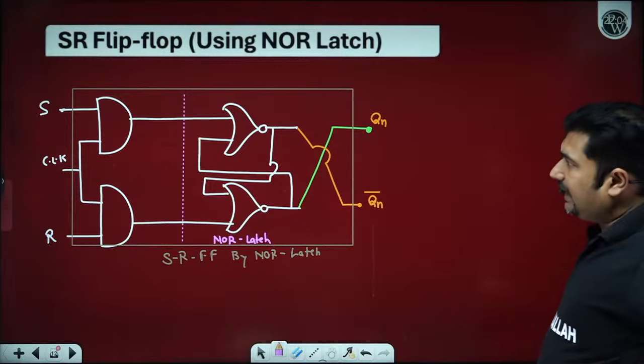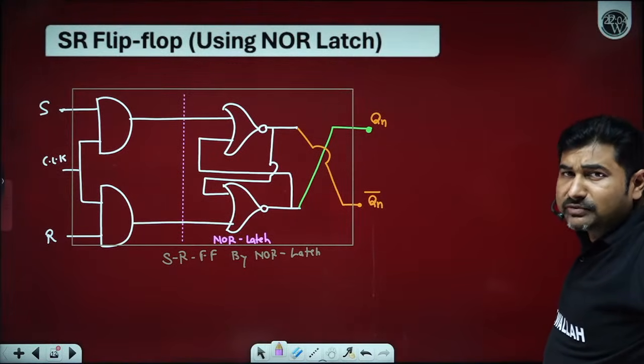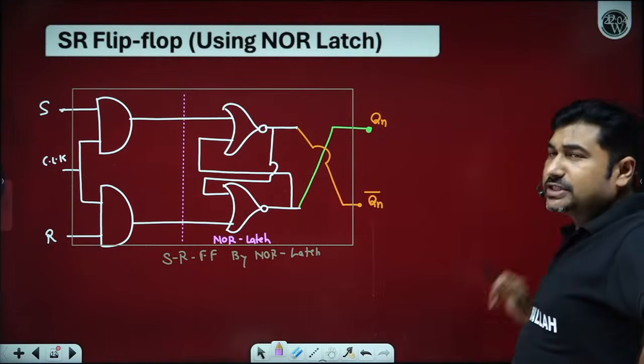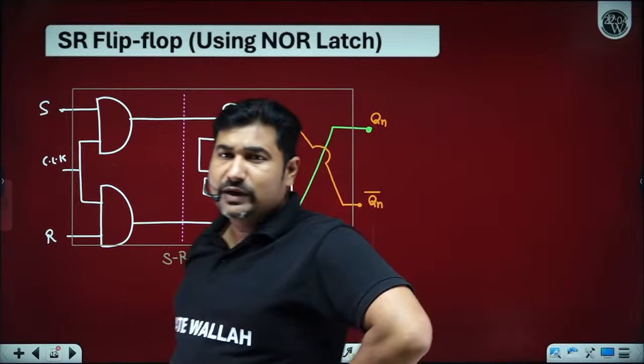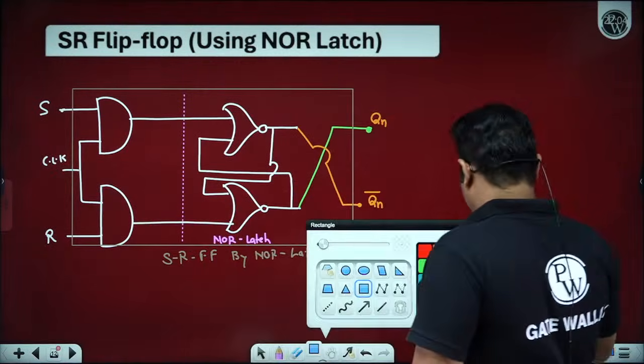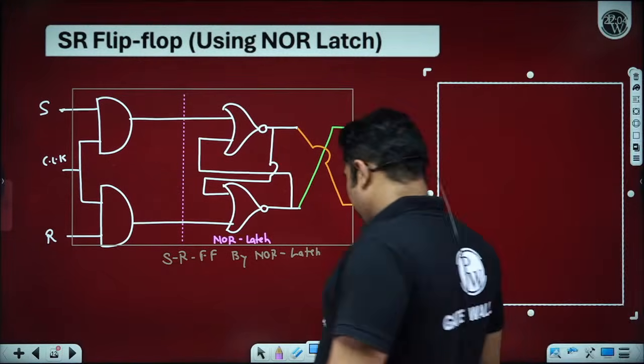Why have I made it like this? Because I just wanted to show you that flip-flops have a unique truth table. And in front of S is always Qn, and in front of R is always Qn complement. Yes, sir. Let's observe the truth table of SR flip-flop once again.